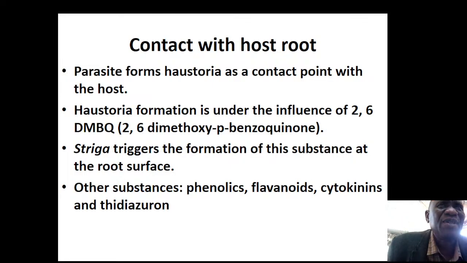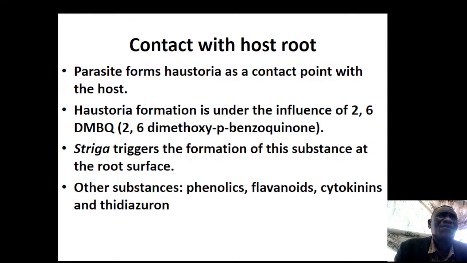We also now need the contact with the host root. That stage is important, where the parasite now forms the haustoria. I have actually mentioned it as a contact point with the host.